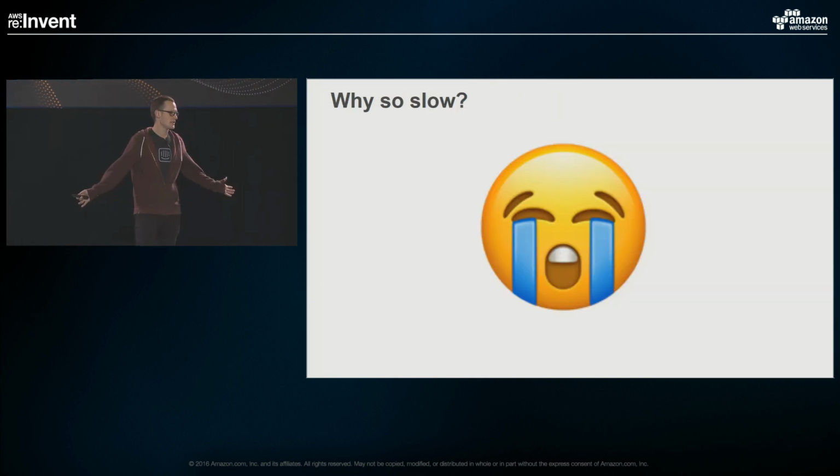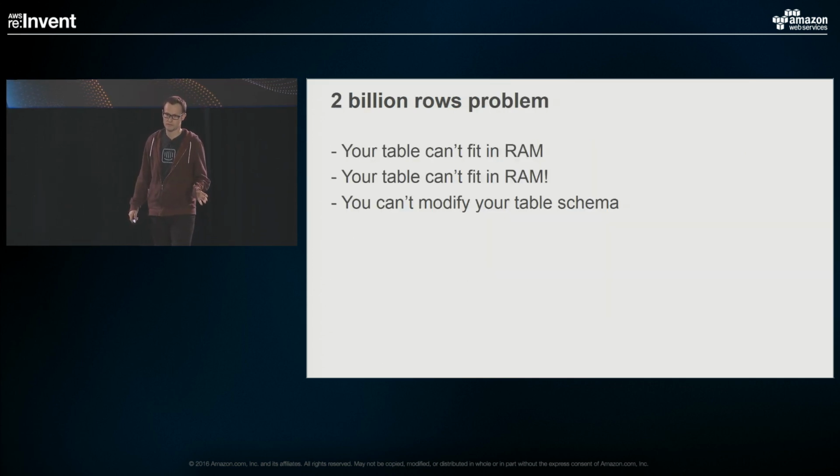And then, same problem. So what's so slow now, right? All the queries are indexed. It's almost like a key value store. And then we did a very simple thing. We just ran a simple count on the whole table. And we got a number that was actually bigger than 2 billion.